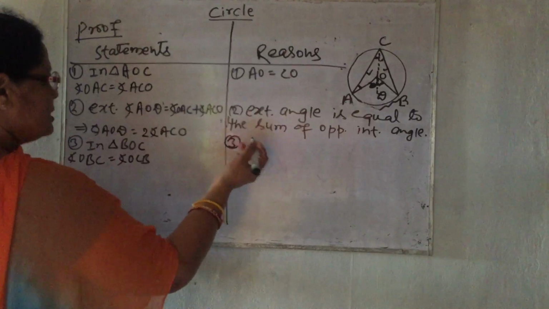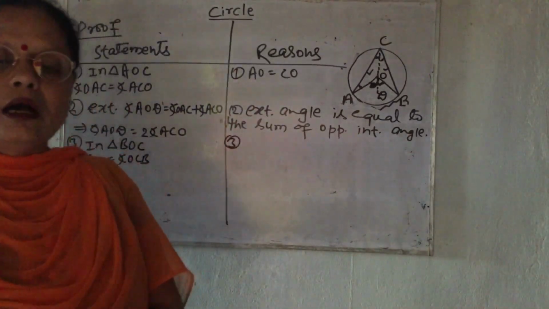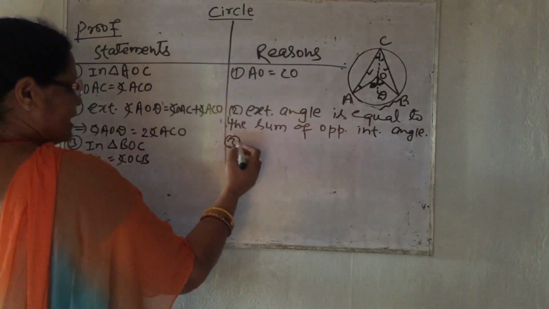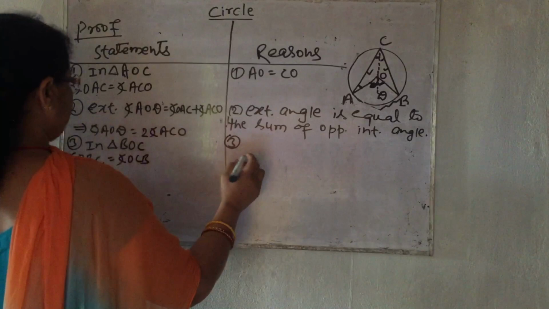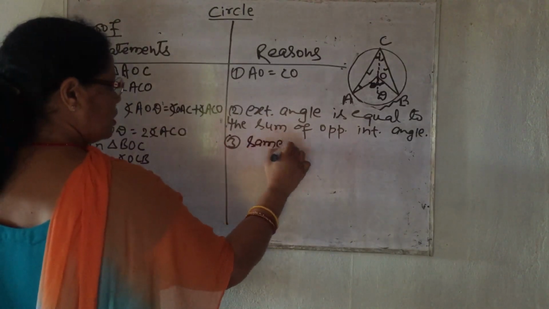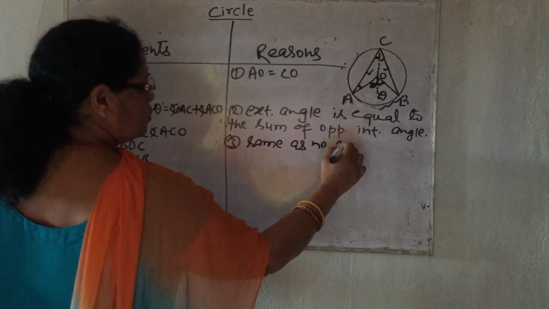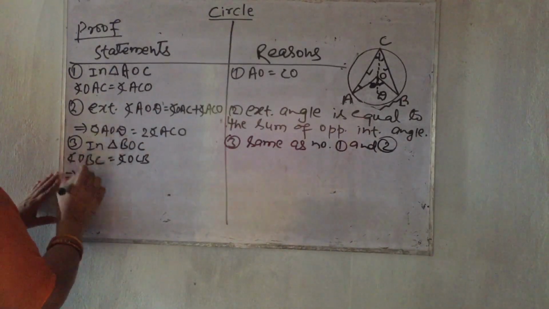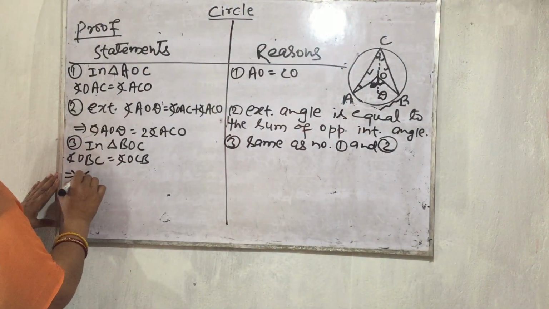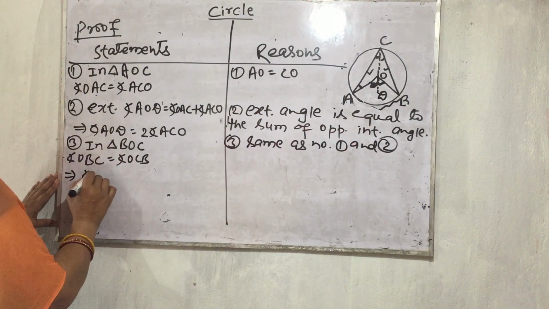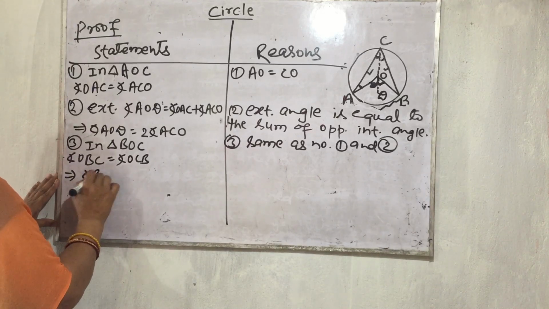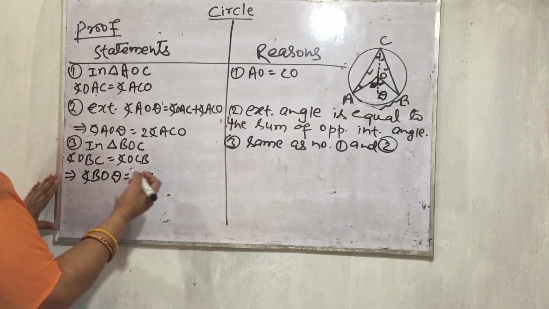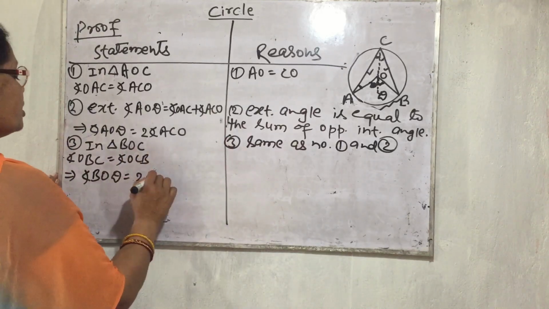Reason: same as number 1 and 2. Now here also we can write down angle BOD equal to double of angle OCB.